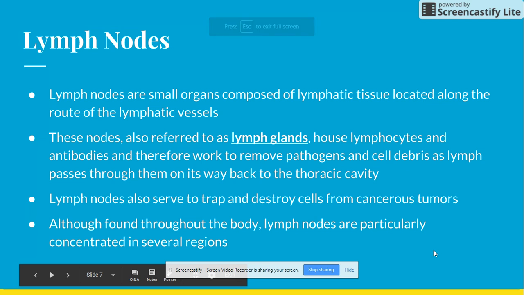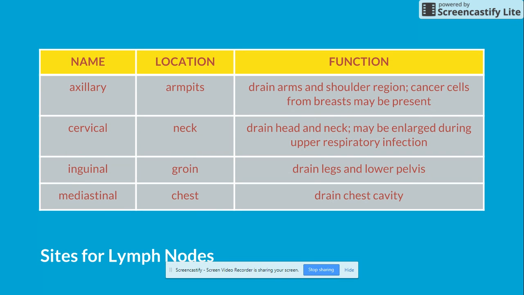Okay, so looking at the particular areas where some of these lymph nodes are concentrated. So here, again, we have the technical medical names of those particular groups of lymph nodes, and then what that actually means as far as location and what their function is.